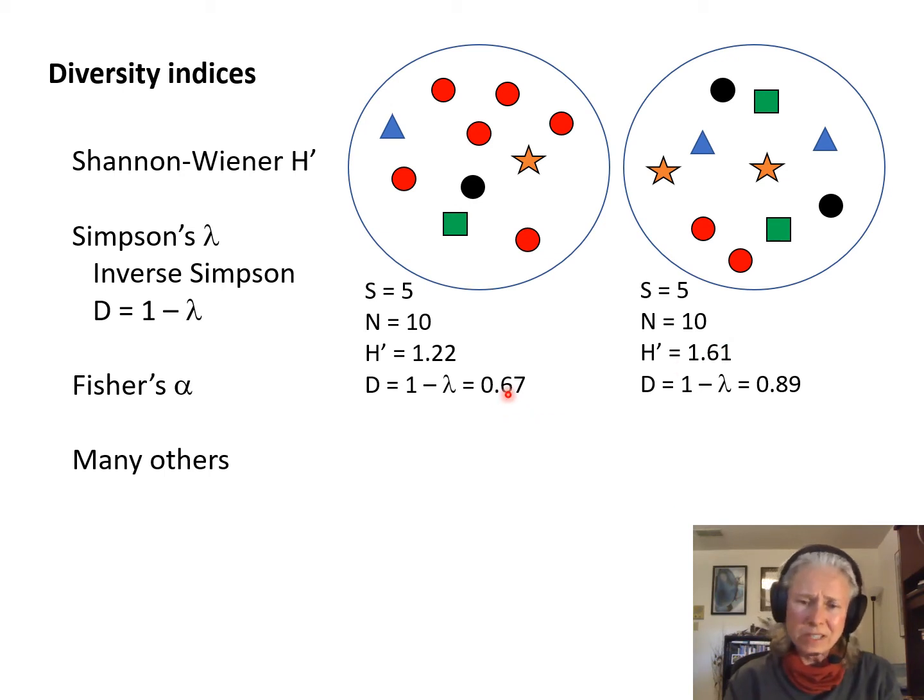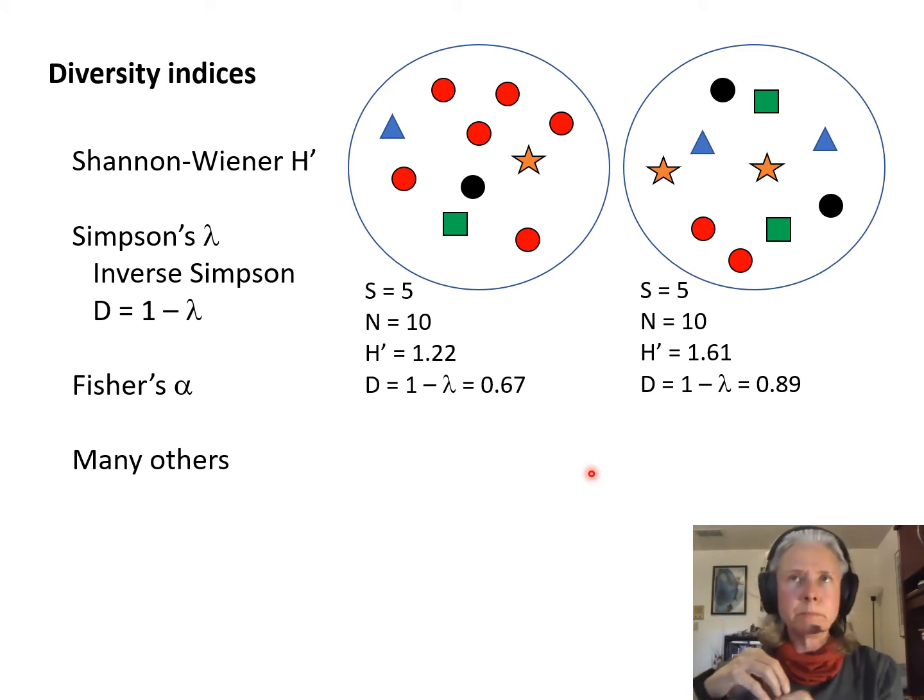Is 0.67 really different from 0.89? That's what I mean by difficult to interpret. And that's also, again, why using many metrics in order to find out what the consensus trends are in terms of which one is consistently more diverse than the other, why that is warranted.